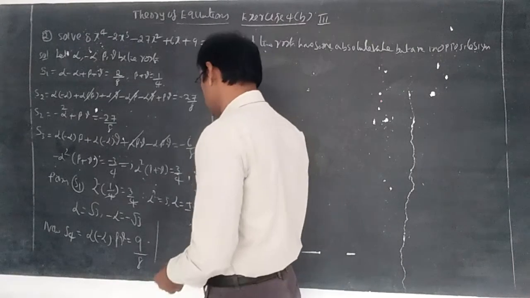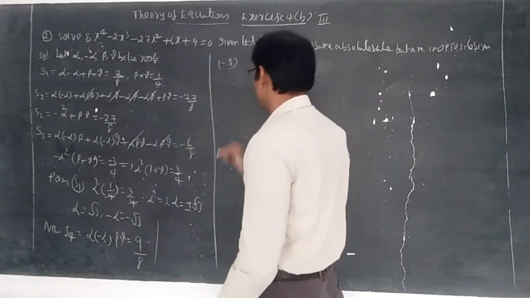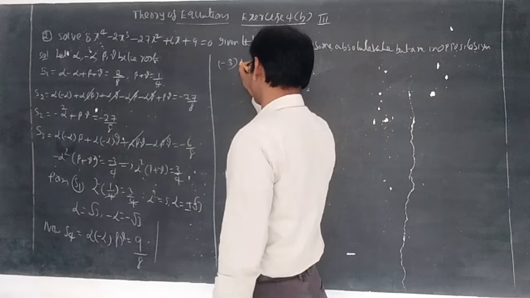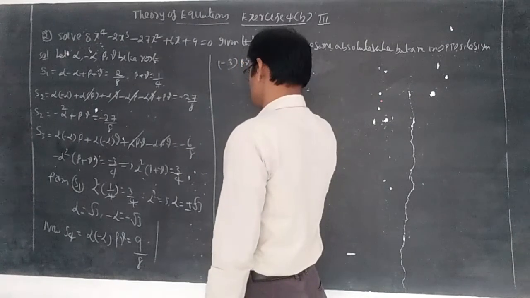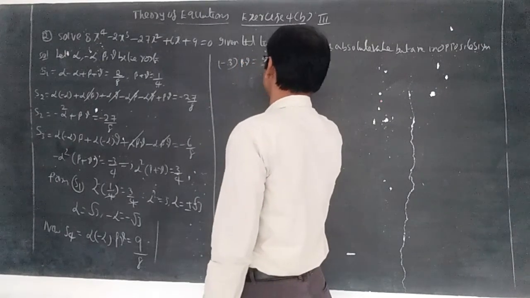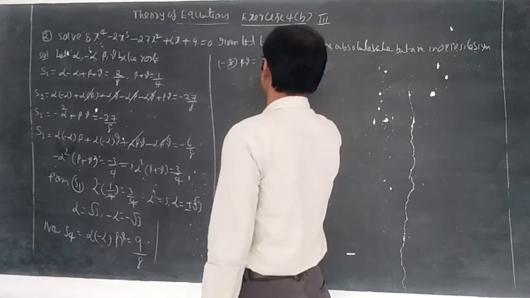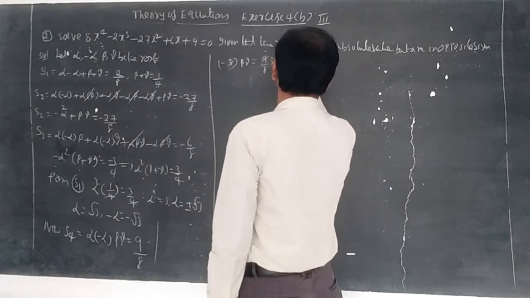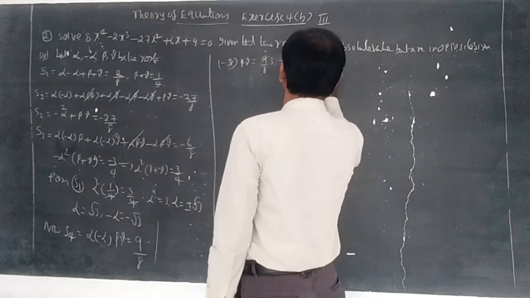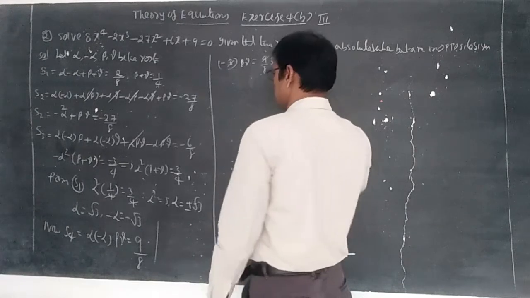Alpha square value we got 3. So minus 3 into beta gamma is equal to 9 by 8. This 3 will be divided 3 times. You can write beta gamma is equal to minus 3 by 8.